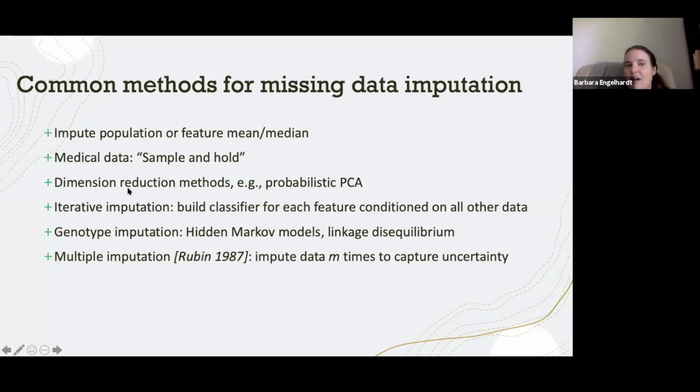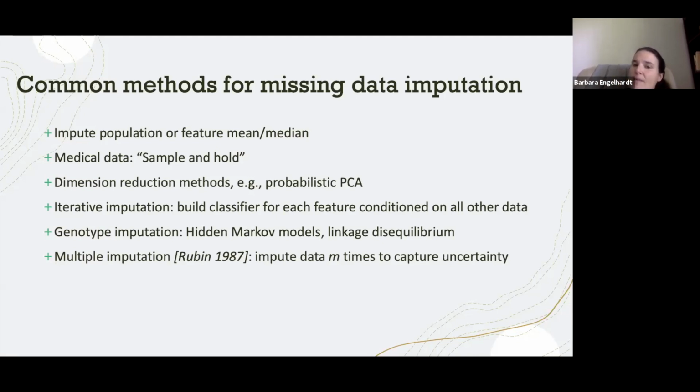Many methods, including probabilistic PCA, are based on dimension reduction, and we have some methods in that. That's one of the things I developed with Bianca, for example. The idea there is that you have an observation matrix that has missing data.